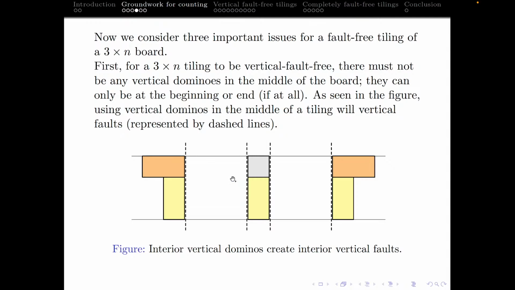And as we can see, in any of those cases, we'll have at least one fault to the right of it, to the left of it, or even worse, on both sides of it. So we cannot have any vertical tiles in the middle of the tiling. The vertical tiles can appear only at the ends.